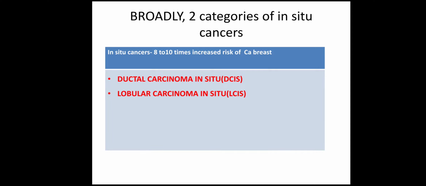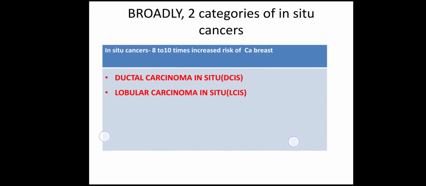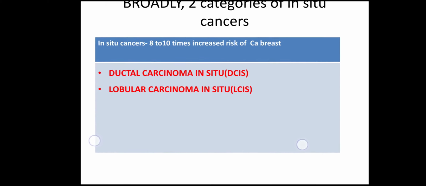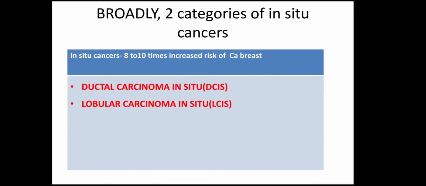Now, in situ cancers have broadly two categories: ductal carcinoma in situ and lobular carcinoma in situ. Earlier it was said that ductal carcinoma in situ is confined to the ducts only, and lobular is confined to the lobules only. But now this difference is not there. Both can involve both ducts and lobules, and these in situ carcinomas have the maximum risk of progressing to carcinoma breast, 8 to 10 times.